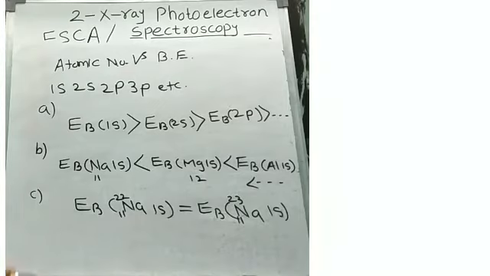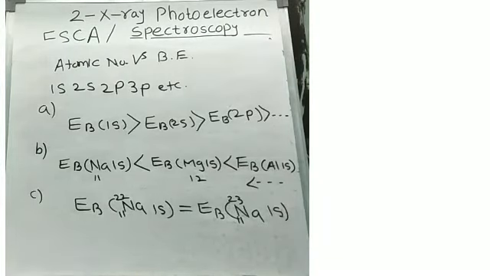Thus the photoemission or photoelectron ejection process on the surface occurs in 3 steps.